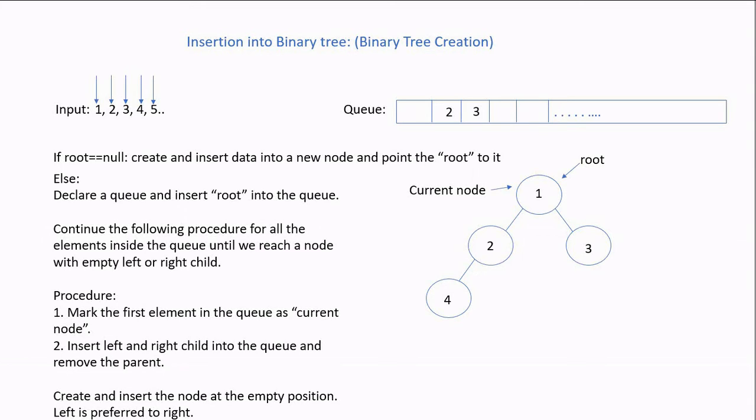If it is not so, we need to insert the new node into the current node, which is the frontmost element of the queue. If the left is not present, then to the left, else to the right. That means priority is given to the left node. But in this case, left is already present, so we need to insert the new node at the right position of the current node. So this is how we insert elements into the tree in level order from left to right, level by level. So let's try and program it.